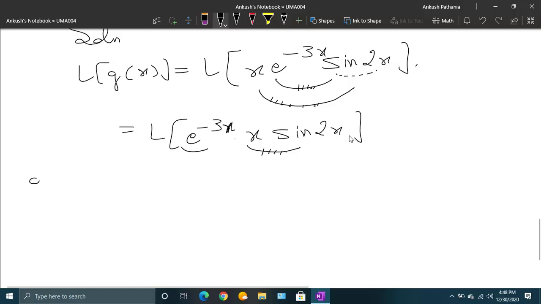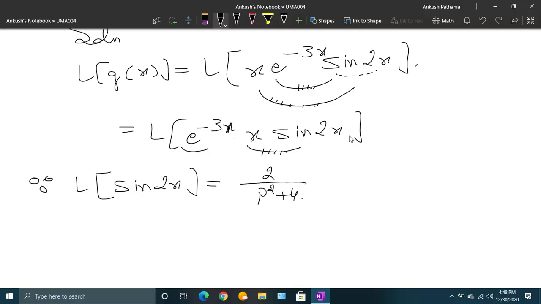Since Laplace of sine 2x is 2 upon p square plus 4, therefore Laplace of x·sine 2x, this is how usually we do the question. Earlier I was writing f(x) and things like that, so here I am just writing it directly.